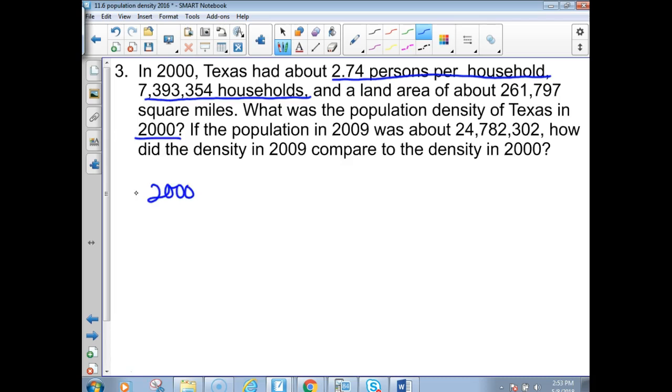I don't have how many people, guys. What do I have to do to find out how many people we've got? This number times this number. So we need to do 2.74 times 7,393,354, and then divide that by the area, 261,797. You can actually type this all at once.